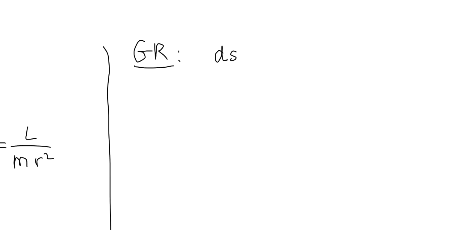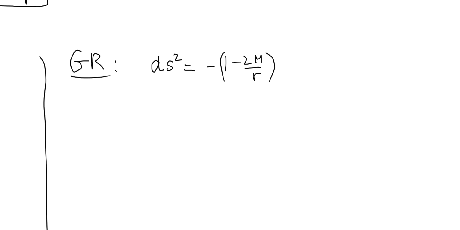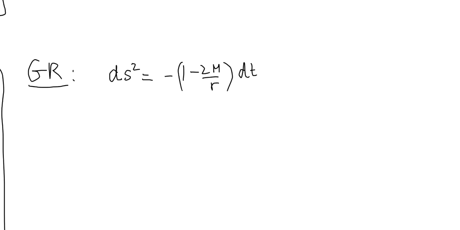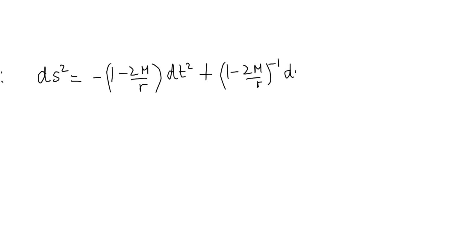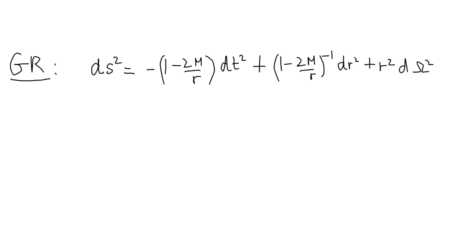So the line element looks like ds squared equals minus (1 minus 2M over r) dt squared plus (1 minus 2M over r) to the minus 1 dr squared plus r squared d omega squared. All right, this is the Schwarzschild line element.